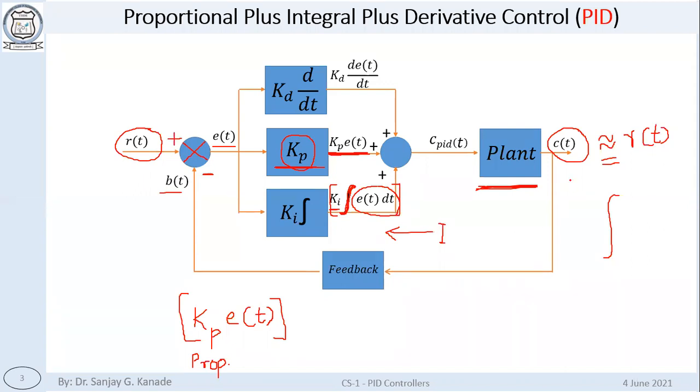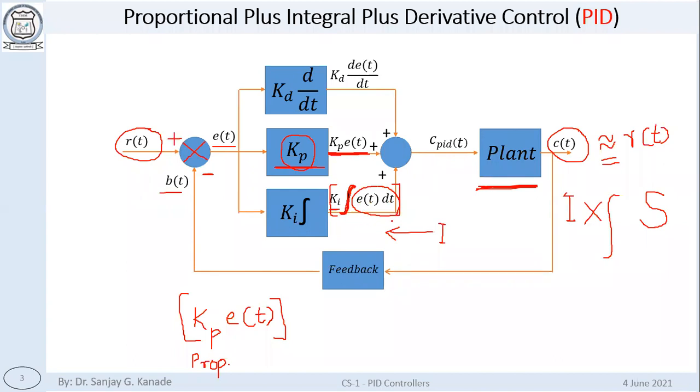Is it I for integral? No, it is not I. It does not indicate I for integral. Actually, it indicates S. It indicates S for summation. Integration is actually continuous summation of the input given to that particular integral.